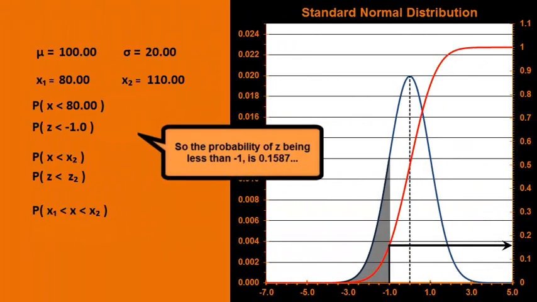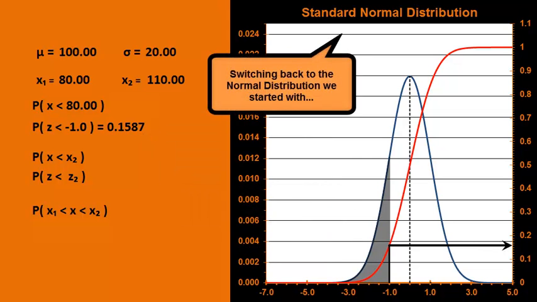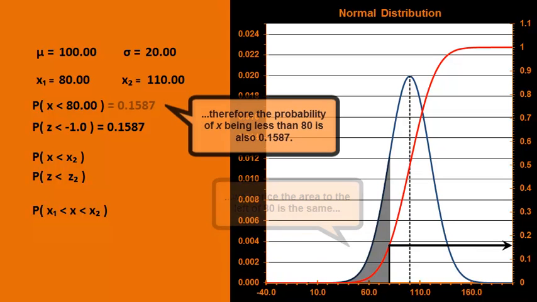So the probability of z being less than -1 is 0.1587 and is the area to the left of -1. Switching back to the normal distribution we started with, we notice the area to the left of 80 is the same. Therefore, the probability of x being less than 80 is also 0.1587.